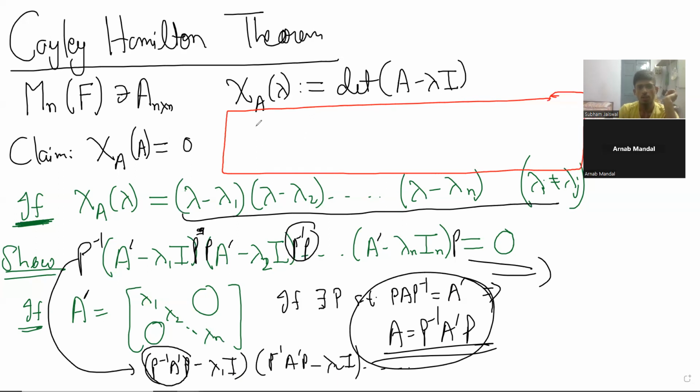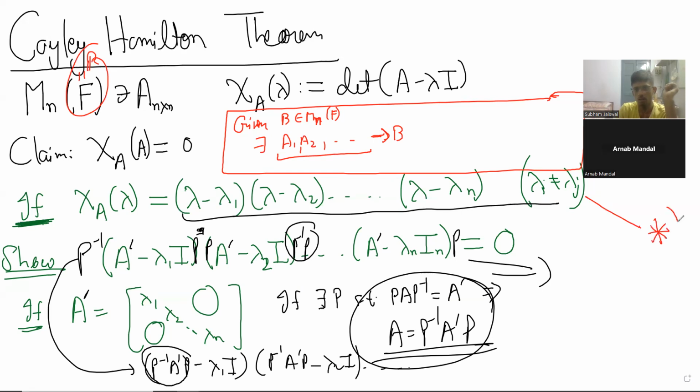The argument says that, if you assume that F is equal to R for now, then given any B in M and F, there exists a sequence of matrices, now that you know convergence in R^n and so on, which converge to B, such that these things have this property star one.